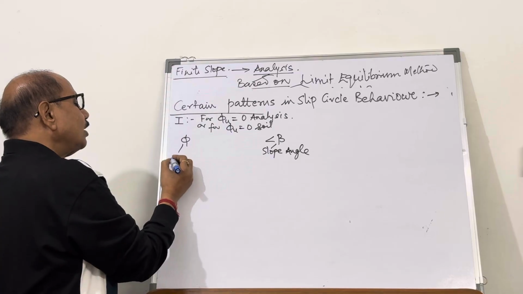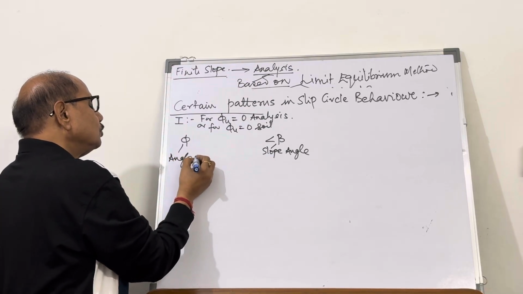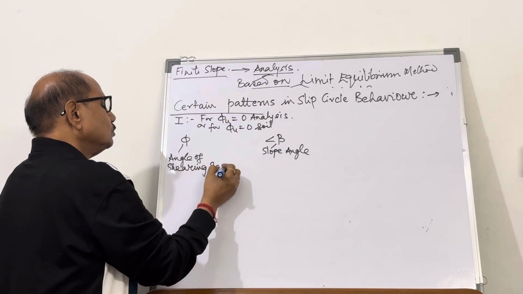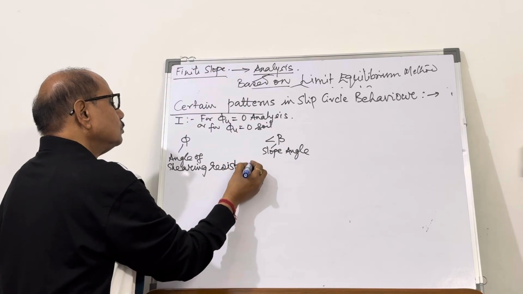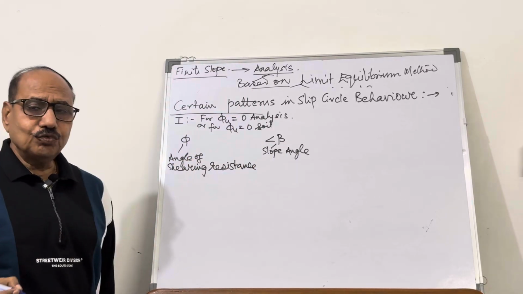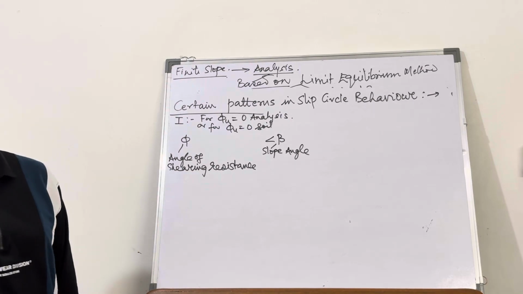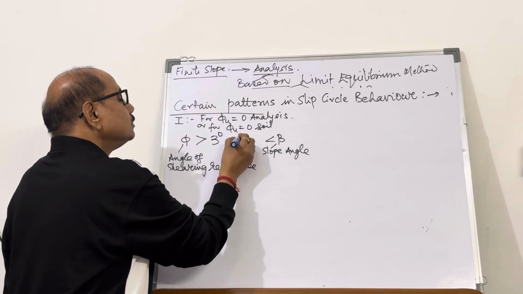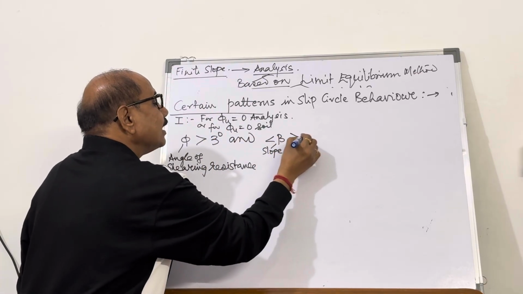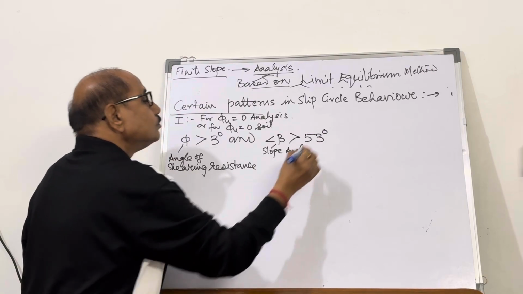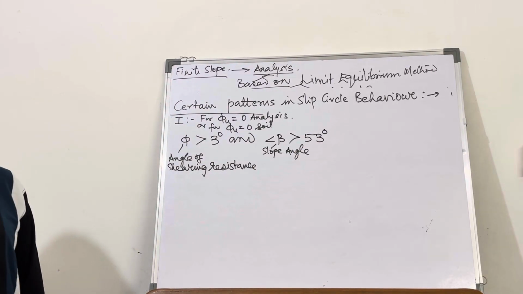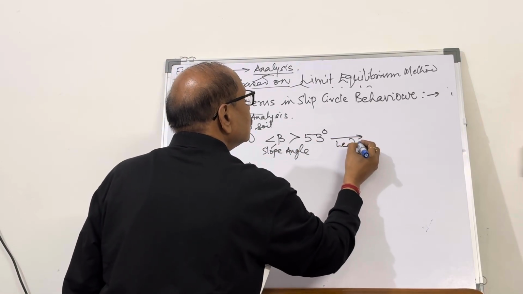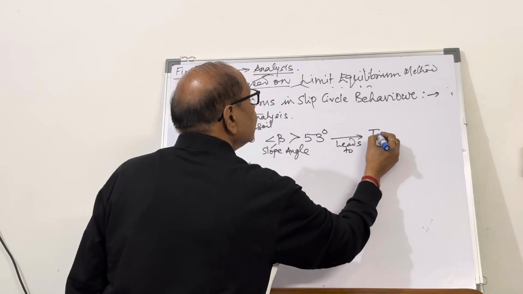This is the angle of shearing resistance. If you find that phi is greater than 3 degree and slope angle beta is greater than 53 degree, it will lead to failure.